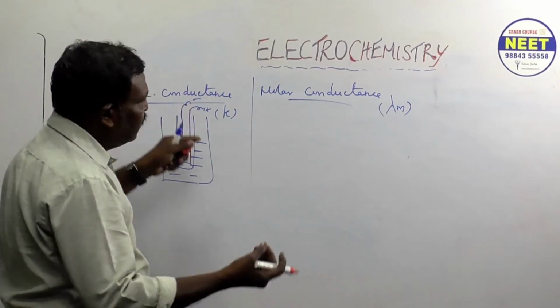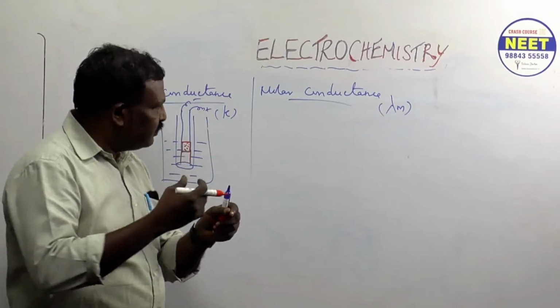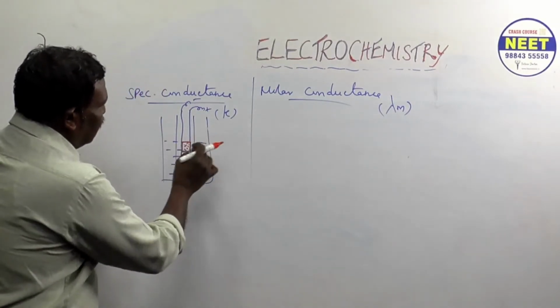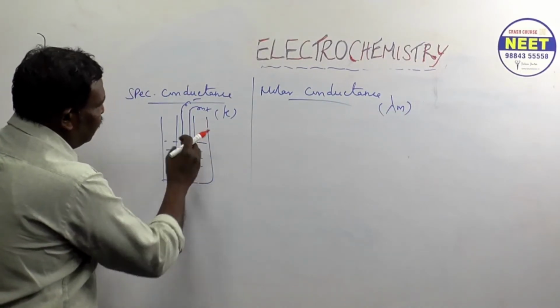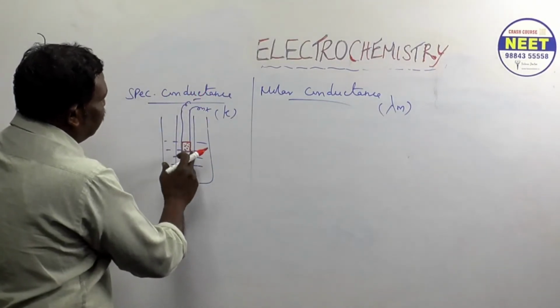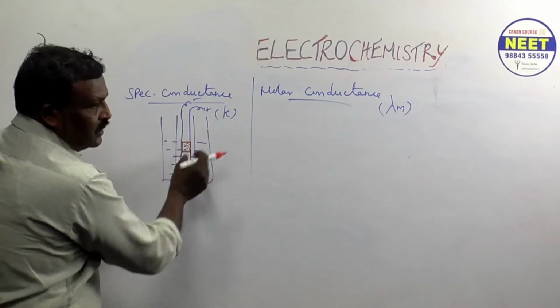If you have sodium ion and chloride ion, more number of sodium and chloride ions present means the conductivity will be more. You know that. So specific conductance depends upon one unit volume of the solution.